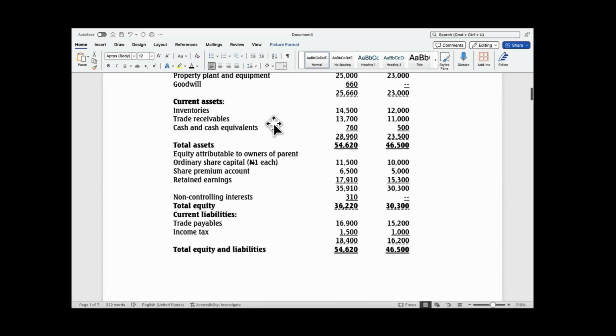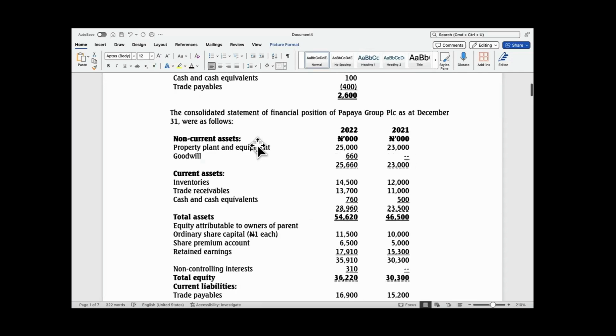You'll have to come to your PPE to determine it, and it's very straightforward. It's just the movement in your PPE. I'm sure I will still solve more questions for you on cash flows, and you will see how I can determine depreciation from this movement. It's also very straightforward. But I don't have to bother about that because the examiner has given me that.